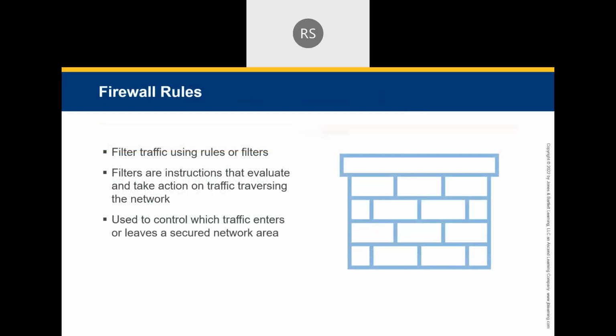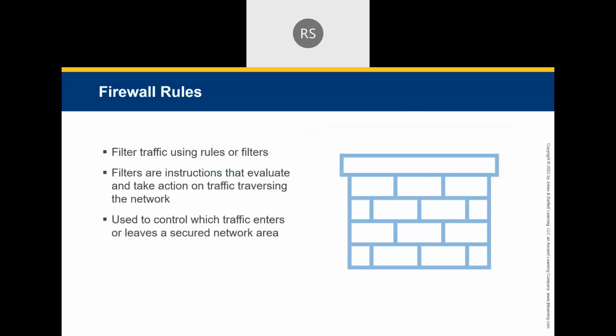So when we're talking about filtering traffic, at its core, the firewall rules serve as a gatekeeper. So it filters those data packets as they travel through the network. Now, the filter process is very important because it's set to allow only authorized and safe traffic to pass through while blocking or taking some other type of specific action against any potentially harmful data.